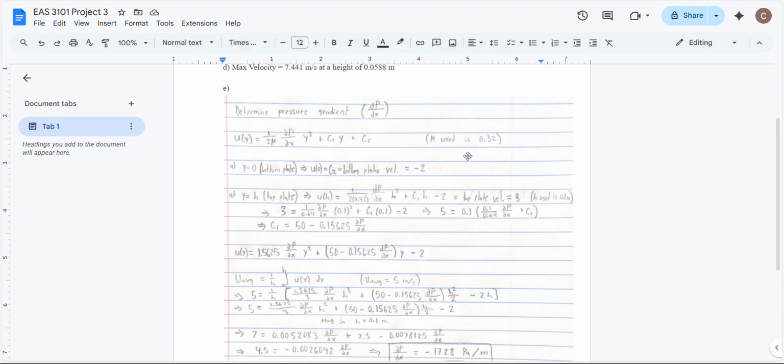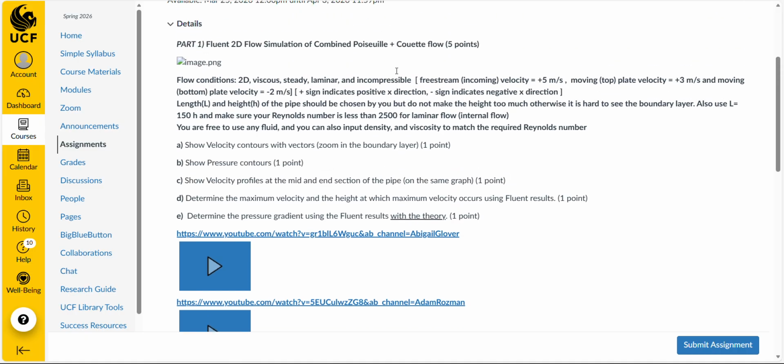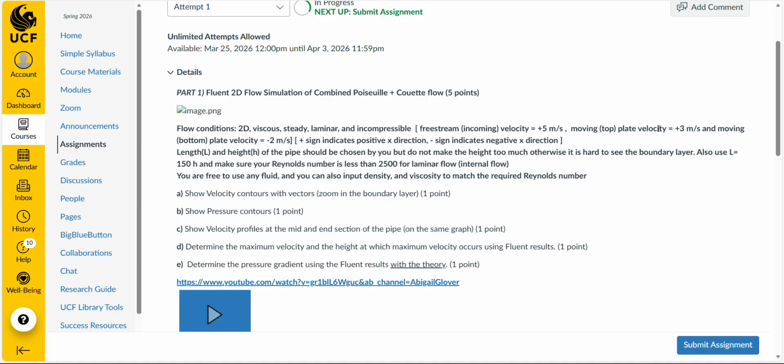Here I just noted that our viscosity used was 0.32, which is shown in Garen's first video. From here, we know that if y equals 0, which is where our bottom plate is, our velocity will be the bottom plate velocity, which is equal to negative 2. We get that from the project description, moving plate velocity of negative 2 meters per second.